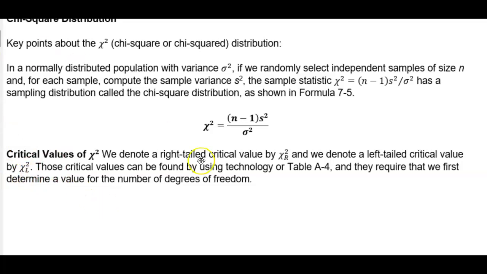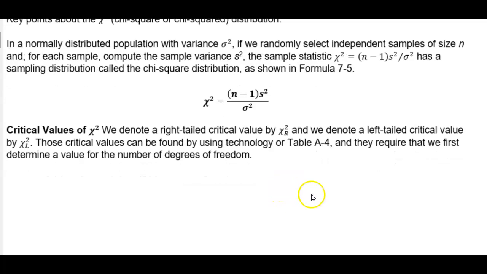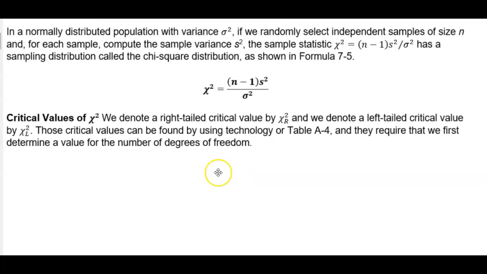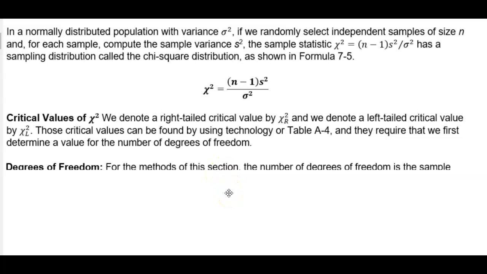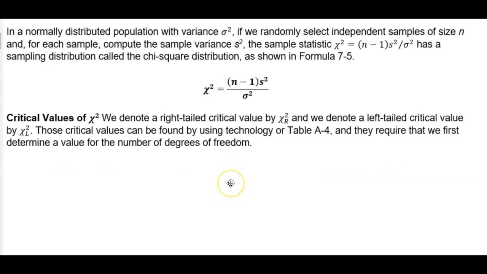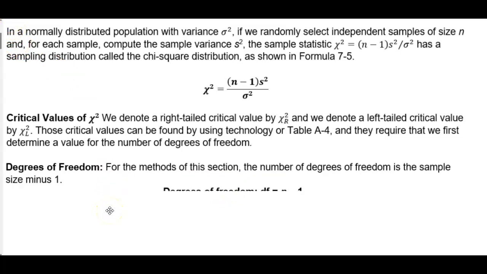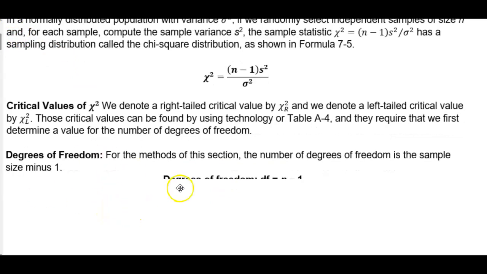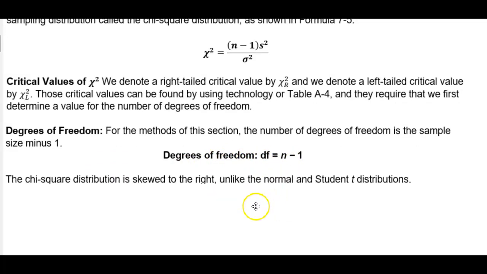Those critical values can be found by either using technology or table A4, and they require that we first determine a value for the number of degrees of freedom. The degrees of freedom. For the methods of this section, the number of degrees of freedom is the sample size minus 1. So the degrees of freedom is equal to n minus 1.